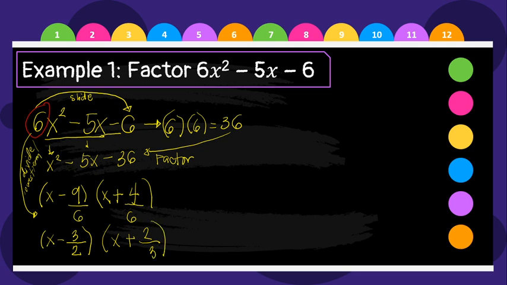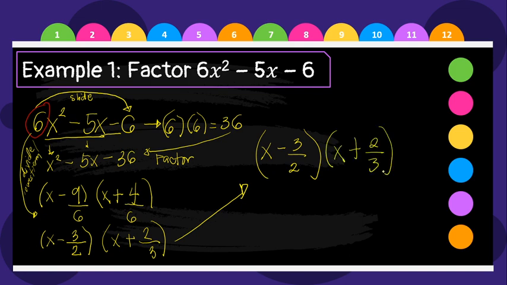So we have here x minus 3 over 2 and x plus 2 over 3. We cannot write this as the factor since these are fractions, so we're now going to use the bottoms up. We put the denominator in front of x.